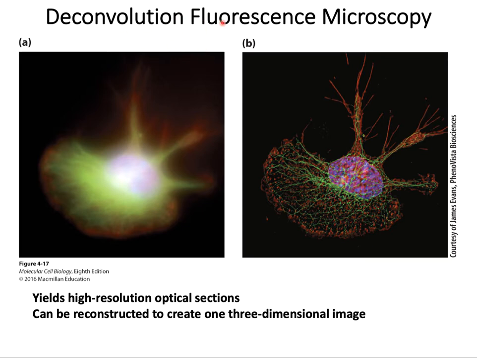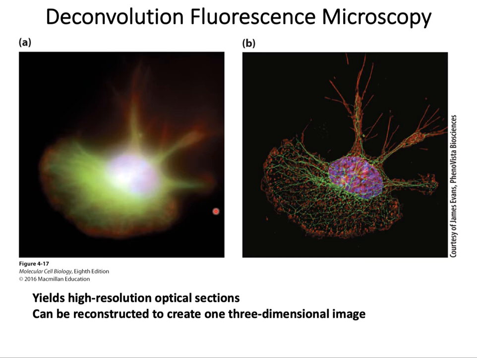Now, deconvolution microscopy uses a computational method to understand out of focus light, which is known as the calculation of the point spread function in optical imaging. So after obtaining the initial image, the computational algorithm removes the fluorescence coming from the different planes.